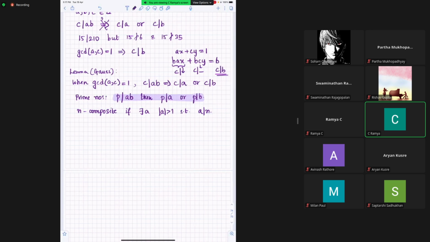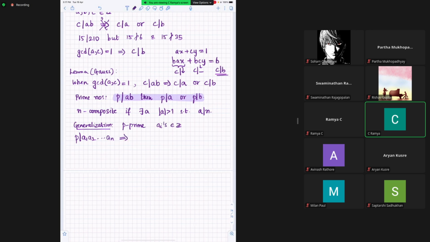So now we can actually make a more general statement of whatever we observed above. Suppose P is a prime number and P divides A1, A2 to AN, where all of them are integers.